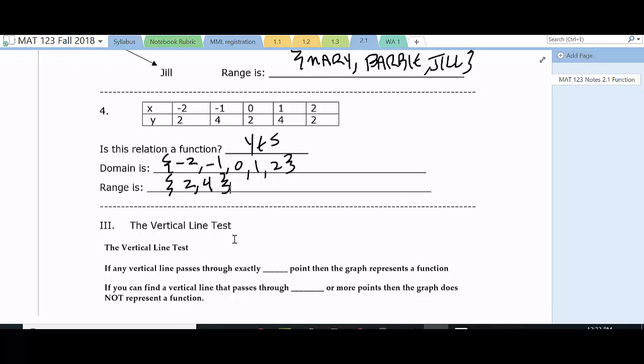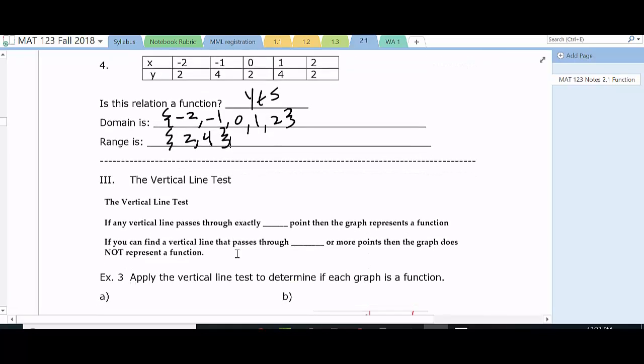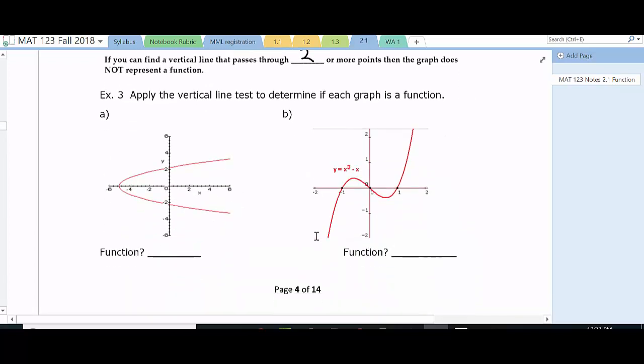Now, to go further, the next thing we look at is a graph. You can tell if something's a function by doing what's called the vertical line test. The vertical line test says: if any vertical line passes through exactly one point, then it's a function. If you can find a vertical line that passes through 2 or more points, then it's not a function. I'll show you what that means. The vertical line test is real easy to apply.